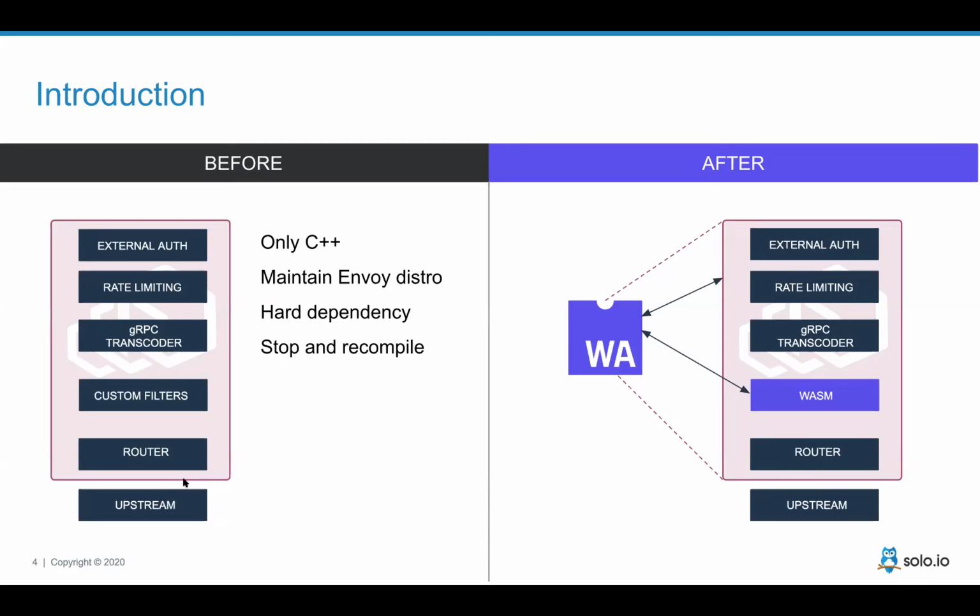So for example, with Solo, we have our own distribution of Envoy, and we have a transformation filter that allows you to transform JSON to other things. So if you have an old upstream that doesn't accept JSON, you can use that to transform it. The filters today are required to be written in C++, and you cannot load them as a shared library.